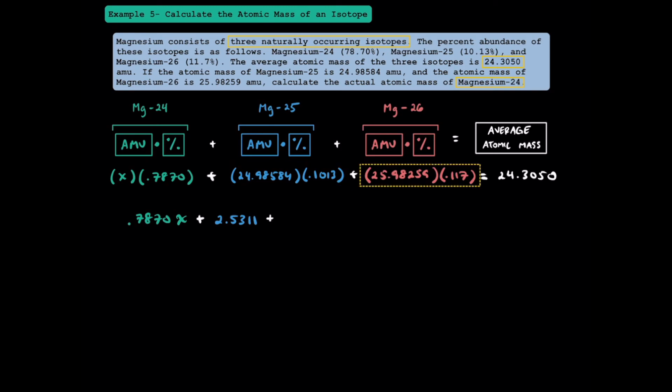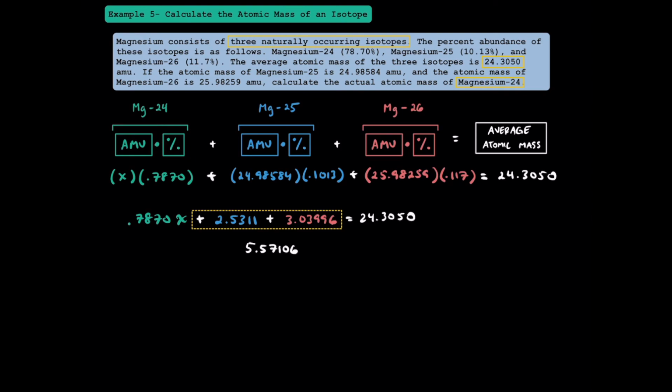And multiplying these two together for magnesium-26, we get about 3.03996. This is equal to 24.3050, or the average atomic mass. Adding the two atomic masses that we know together, we get about 5.57106, and that's added on to the atomic mass of magnesium-24, which is 0.7870x.